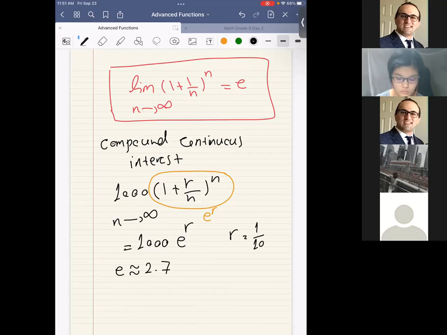Compute this number: 1000 times 2.7 to the power 1 over 10.